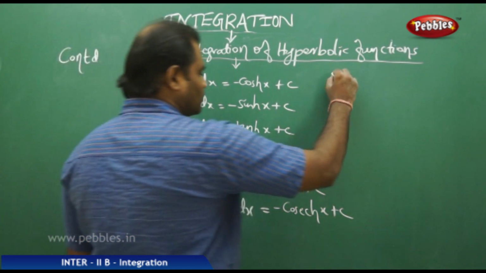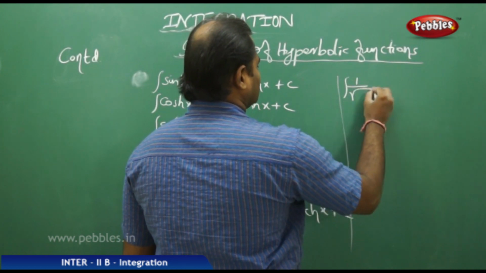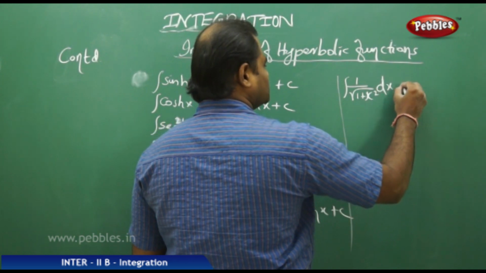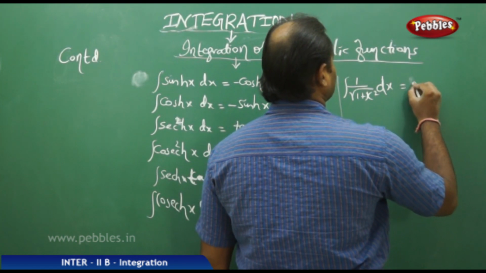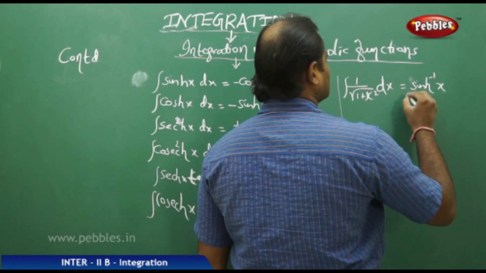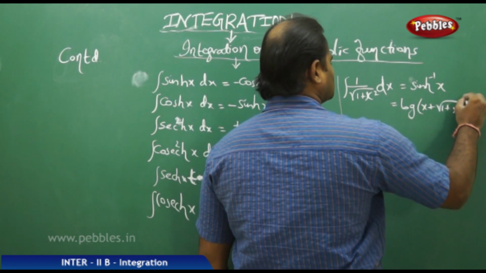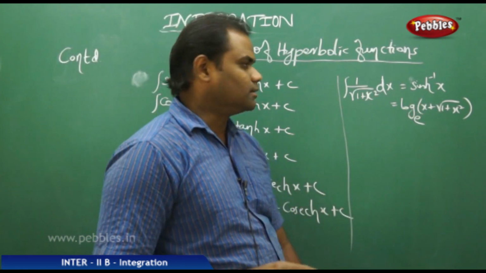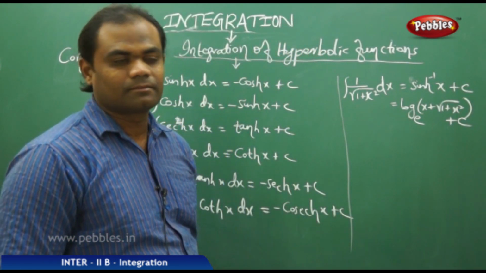And similarly, if I want to find integral of 1 by root 1 plus x squared dx, it is given by sine h inverse x, or this is also log of x plus root 1 plus x squared. I can use this or this for finding the integral, and of course plus the constant of integration.